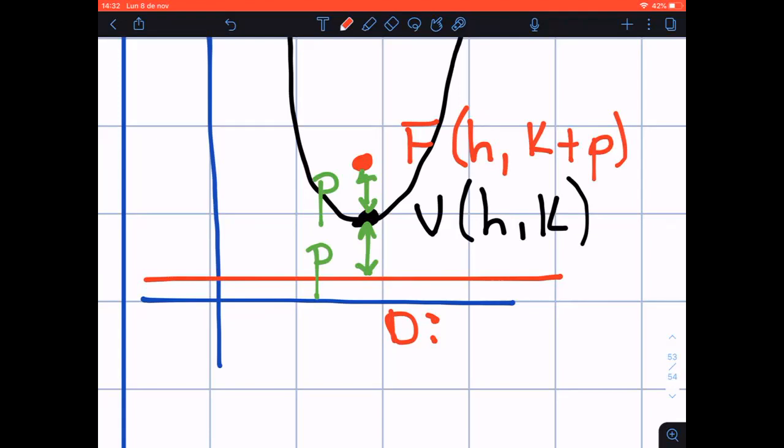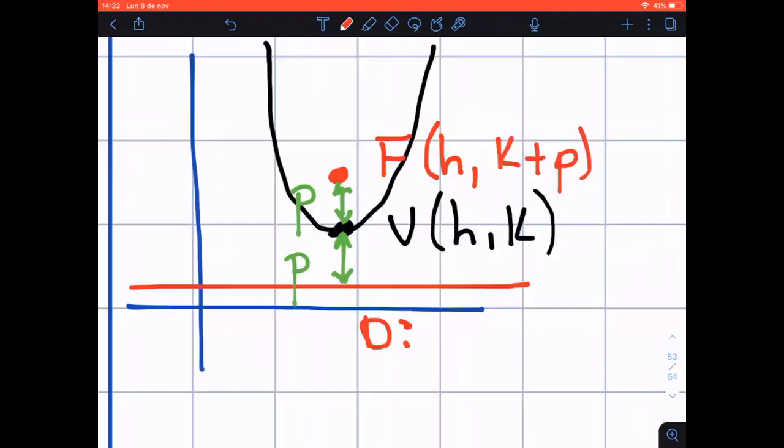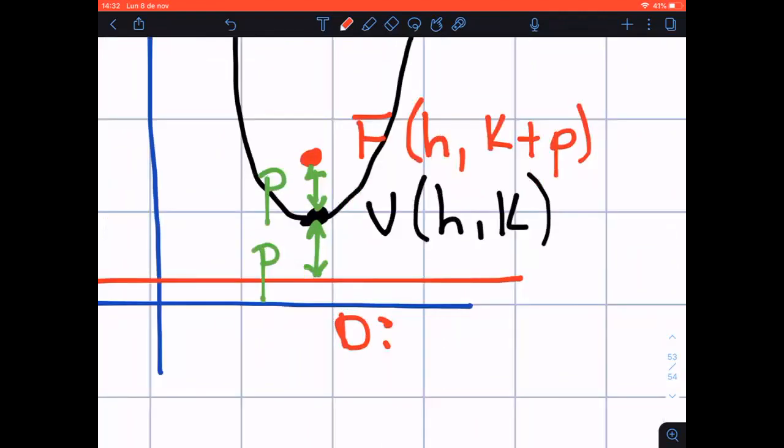Now, if I want to get the equation of the directrix, you should notice that the directrix is a horizontal line, right? If it is a horizontal line, the horizontal line crosses the y-axis. Do you agree with me? If it crosses the y-axis, the equation of the directrix will be y equals something. What is that something?